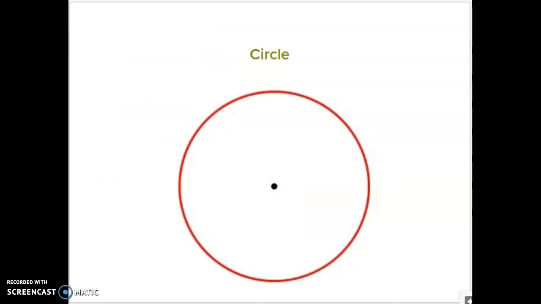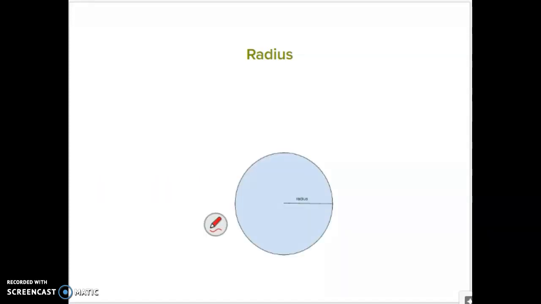At any point, if I'm going too fast, because we have a lot to get through, please pause the video. A radius. A radius is a segment from the center of the circle to the outer edge of the circle. So easy peasy, from the center to the edge. That is a radius.